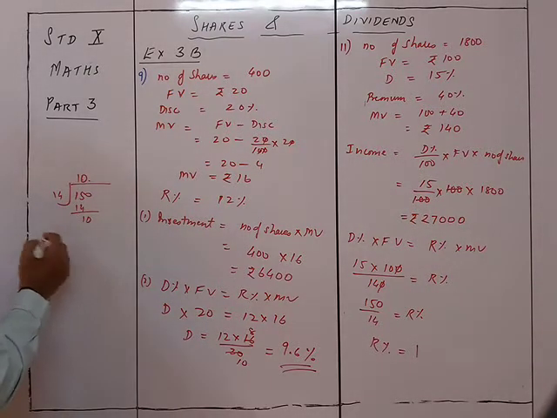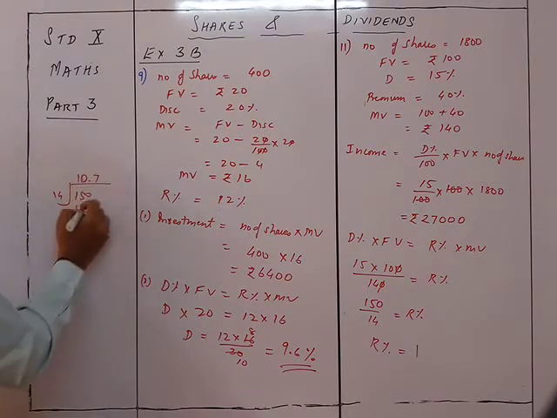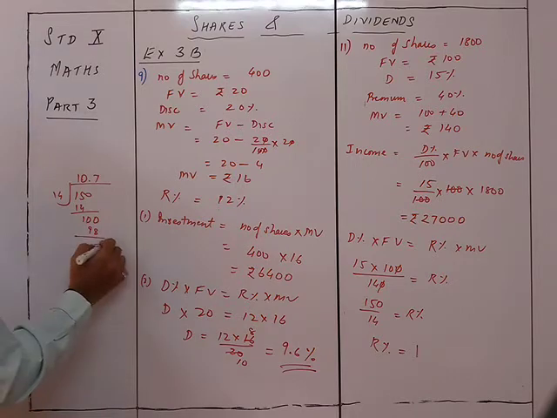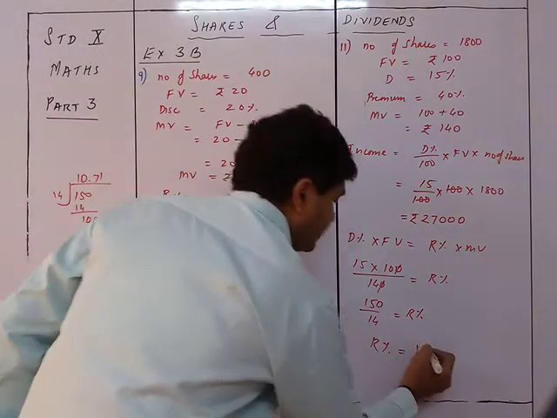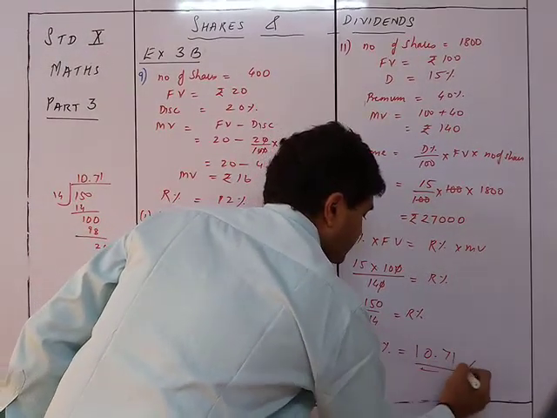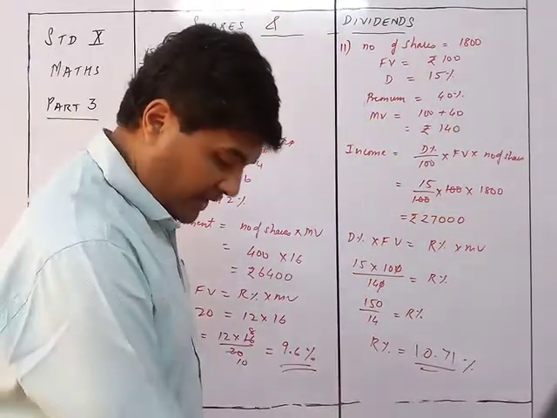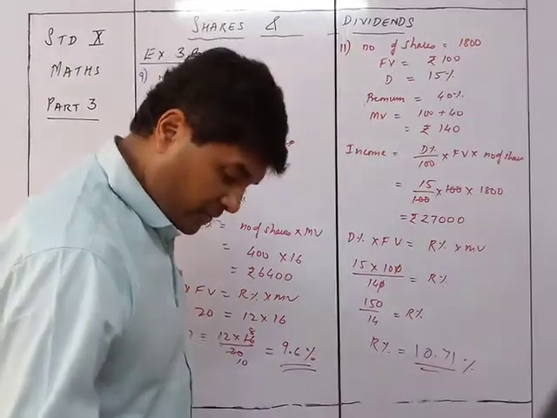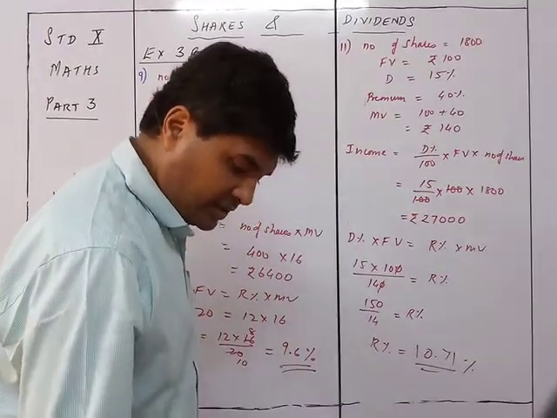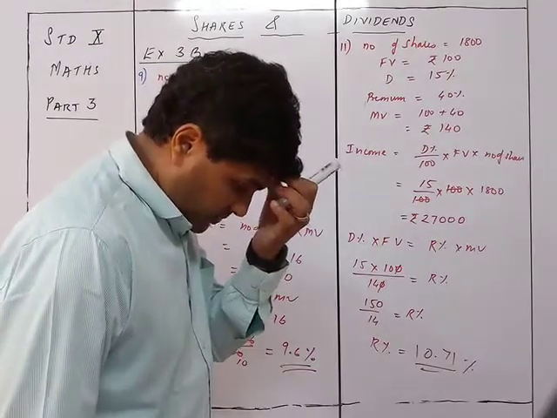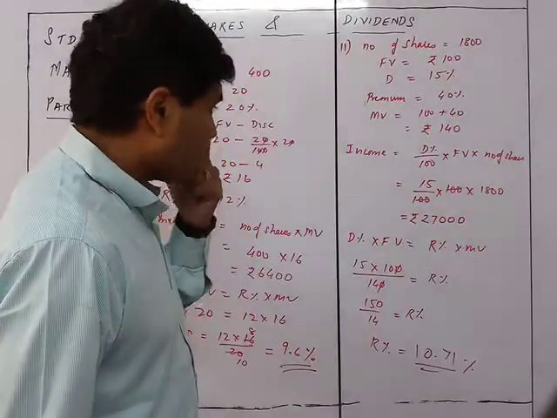Okay, 10 point. 7s are 49, 20, then 1. So it is 10.71%. Okay, so you see that sum number 11 you got is 10.71. Now they have given you the answer. What she gets, okay, it's 11%. Let me check it out.